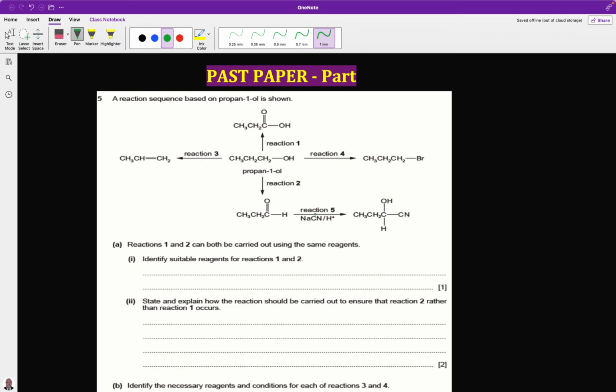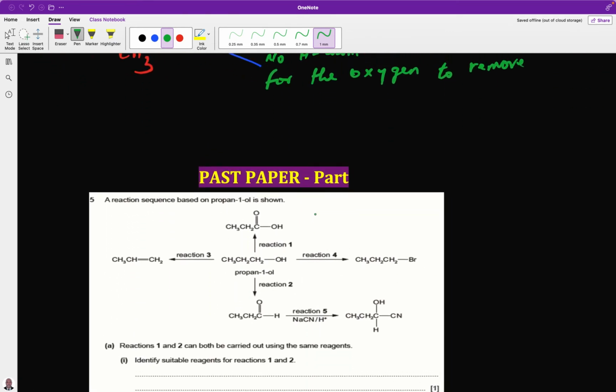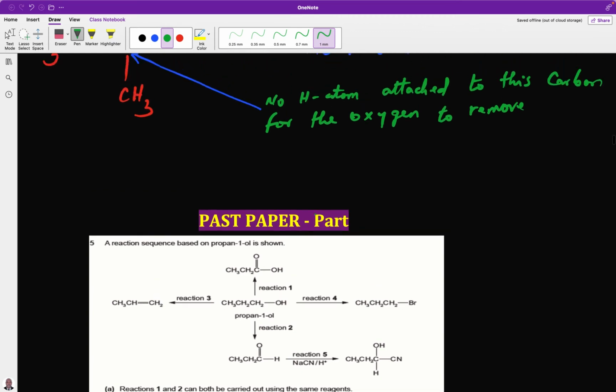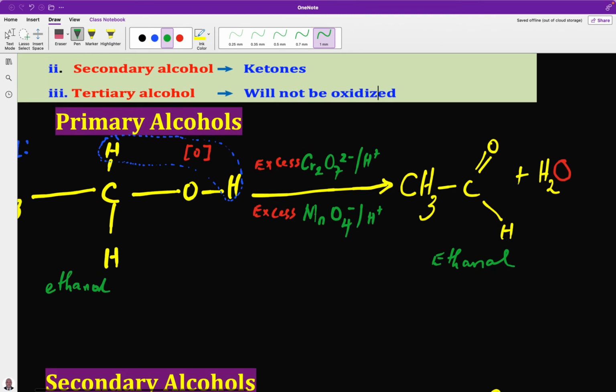Before we go ahead, once more, in our observation, remember that if acidified potassium dichromate is used as an oxidizing agent, the color change will be from orange to green.